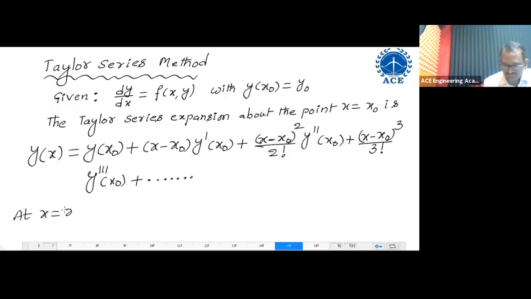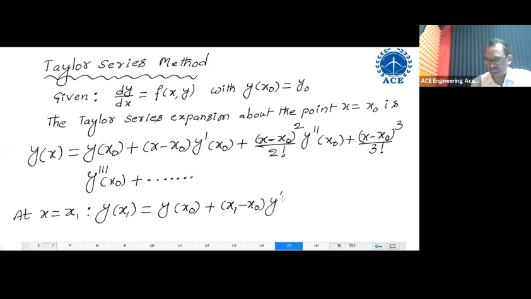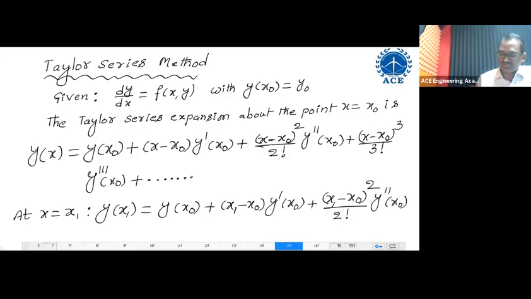Now, at x is equal to x1, I'm finding this Taylor series. y of x1 is equal to y of x naught plus x1 minus x naught into y dash of x naught, plus x1 minus x naught whole square by 2 factorial into y double dash of x naught, plus x1 minus x naught whole cube by 3 factorial into y triple dash of x naught, and so on.